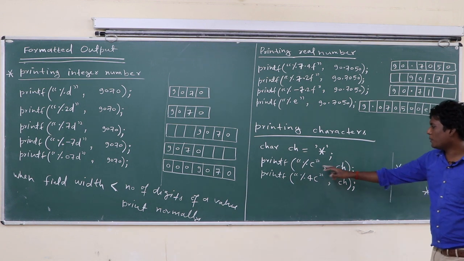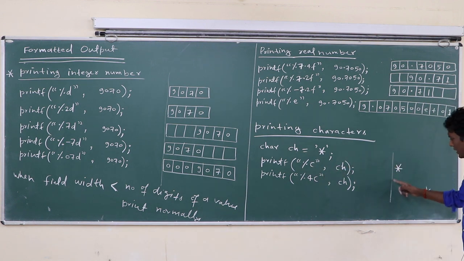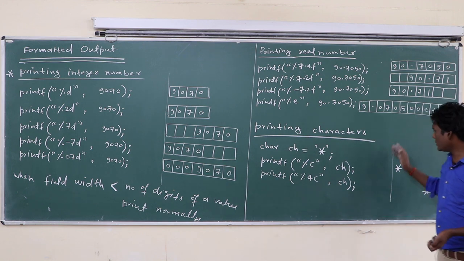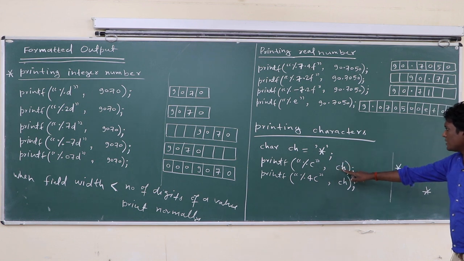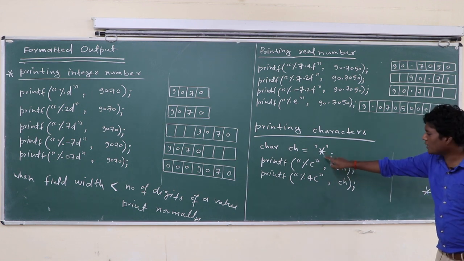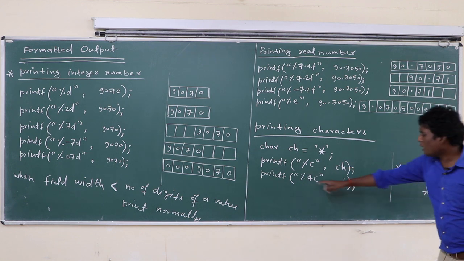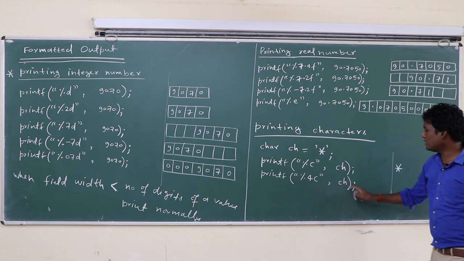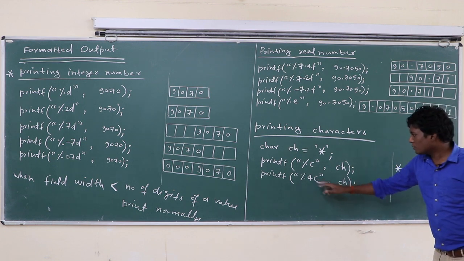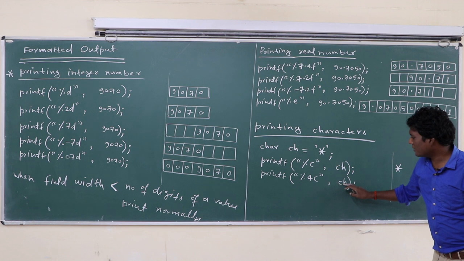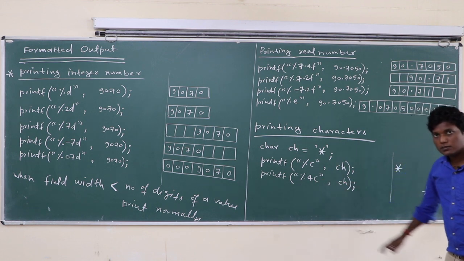So class, this printf prints ch. Suppose this is the beginning, from where the compiler prints. So this ch has the asterisk character constant. %c prints this ch, which is the asterisk, and %4c prints this ch at the 4th place.